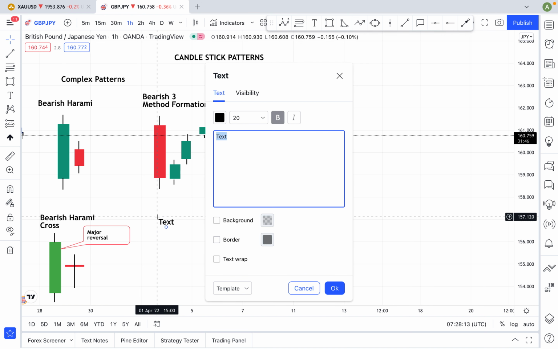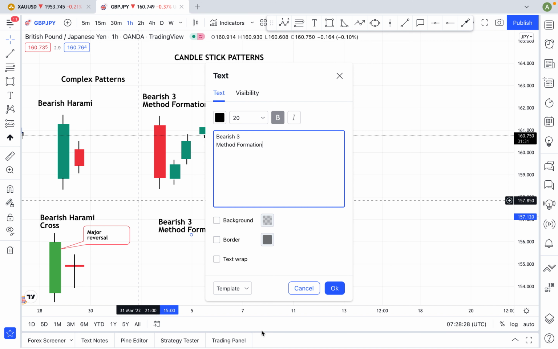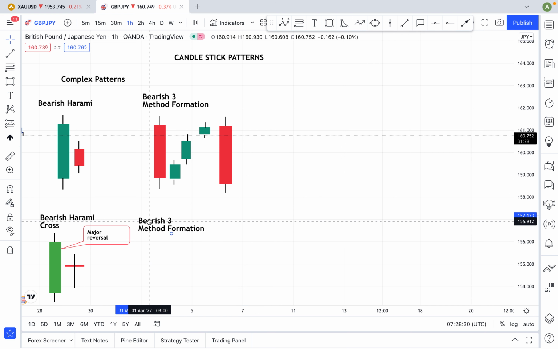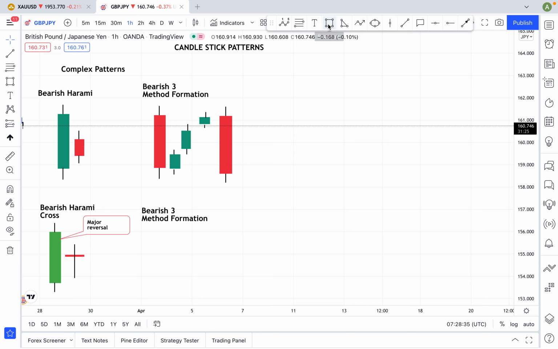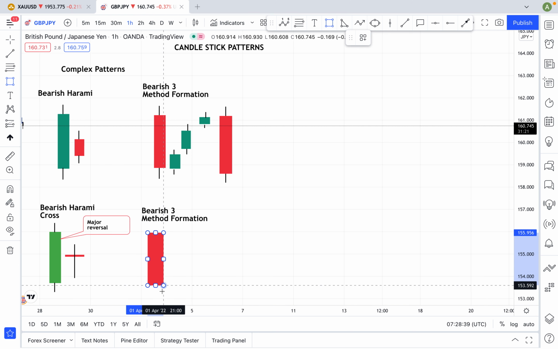So we have the bearish three method formation. Just know that we have something of this nature as well, the same, opposite of this.